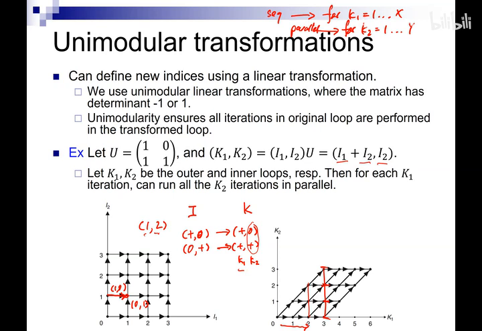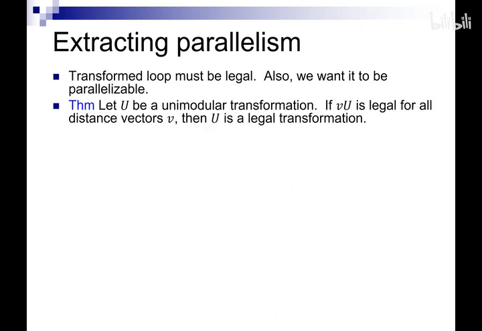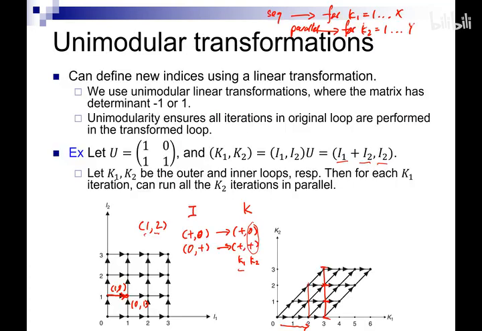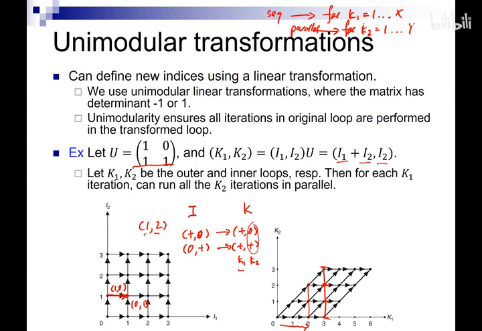Now we're going to summarize these two statements that we made. When you transform this loop using this unimodular U, you have to make sure that the transformation is legal, and you want it to be parallelizable. We saw that it was legal because you transform these direction vectors into new direction vectors, and all of these new direction vectors are legal.